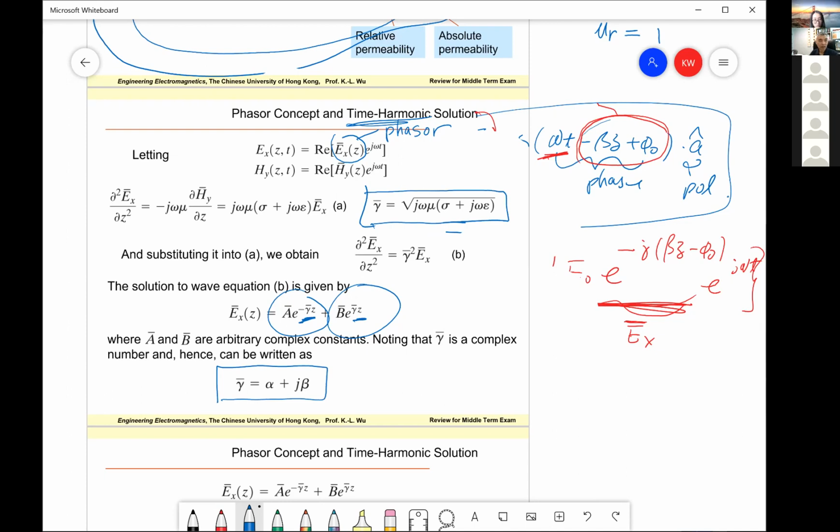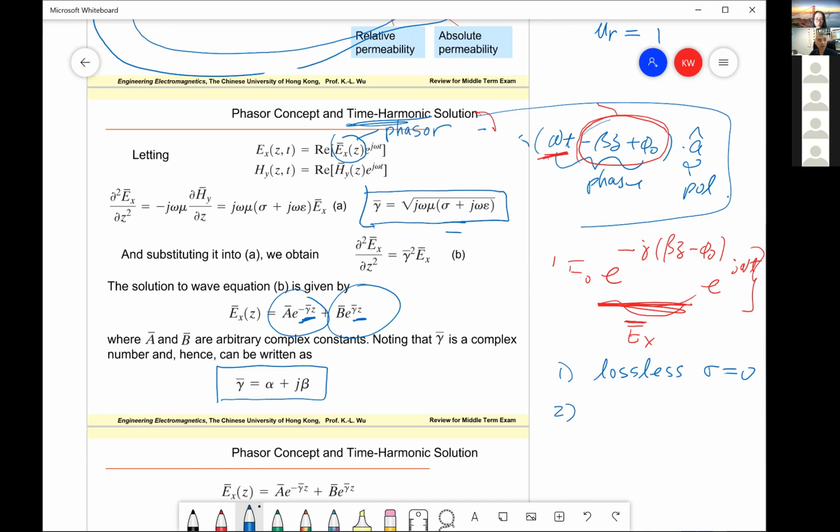This is a very complex question. However, if we only look at three special cases, one is lossless. That means the conductivity equals 0. This is obvious, alpha equals 0, and beta we already know. Beta is omega divided by phase velocity, right?